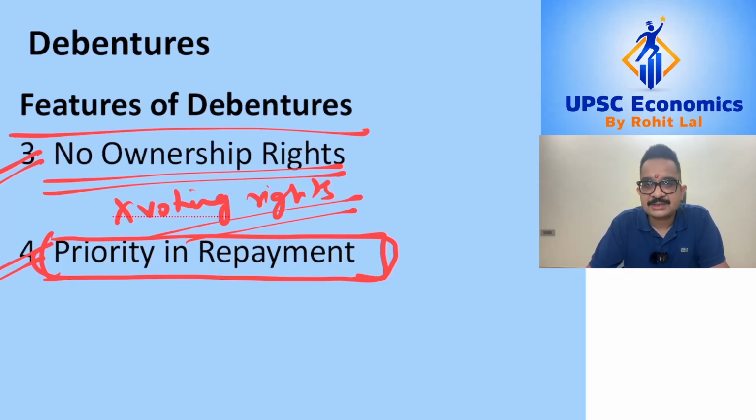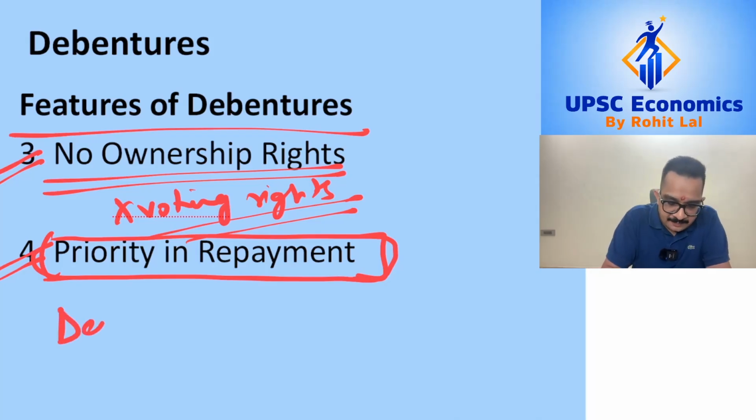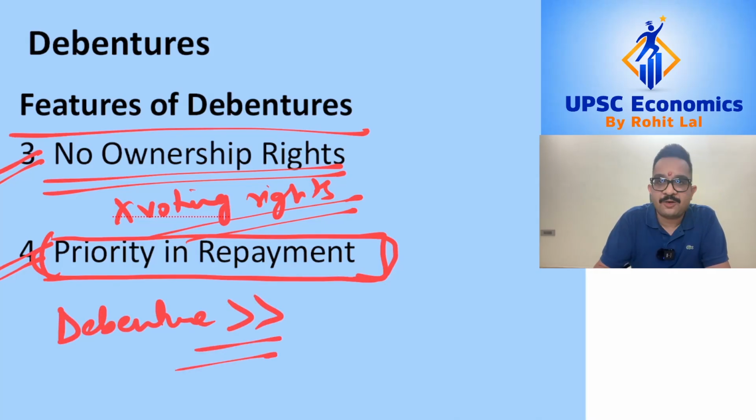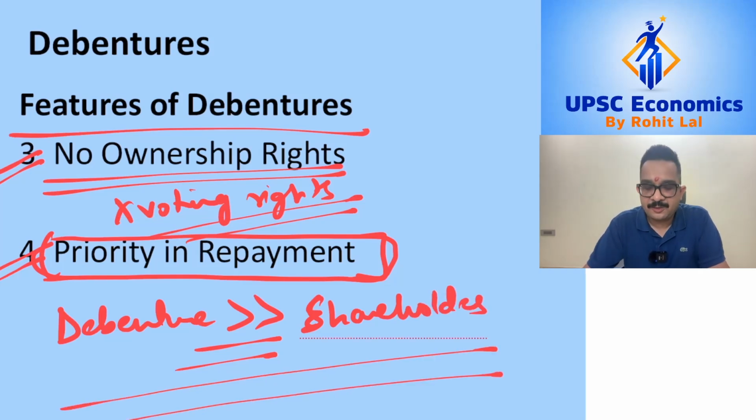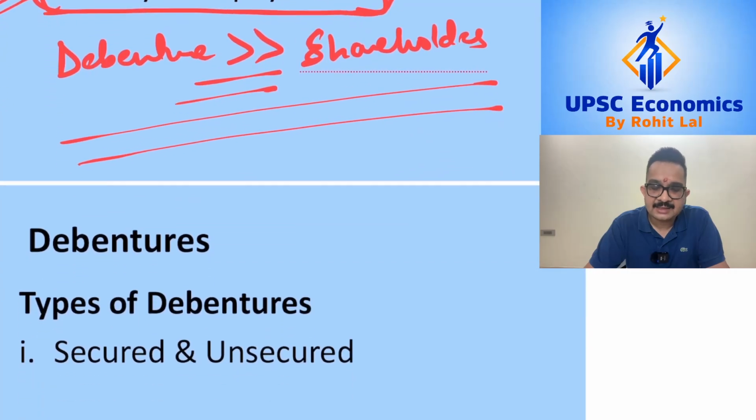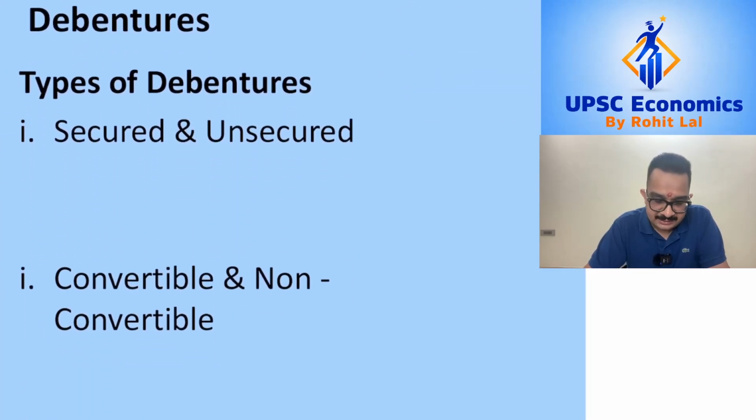If the assets of that company get sold to pay the different lenders or owners of the company, debenture holders will be paid from the money recovered by selling those assets before shareholders are paid. So debenture holders are paid before shareholders in case a company's assets are liquidated.